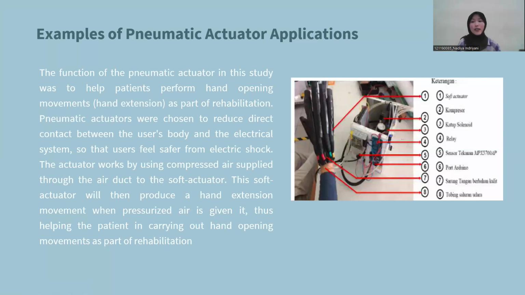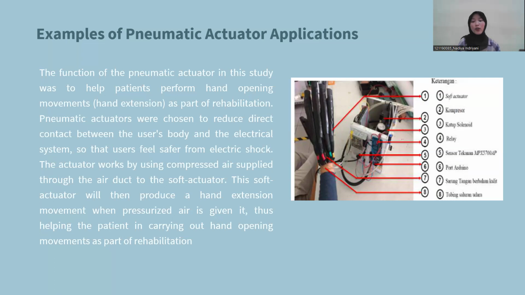The next example of pneumatic actuator application. The function of the pneumatic actuator in the study was to help patients perform hand opening movement as part of rehabilitation. Pneumatic actuators were chosen to reduce direct contact between the user's body and the electronic system so that the user feels safer from electric shock.